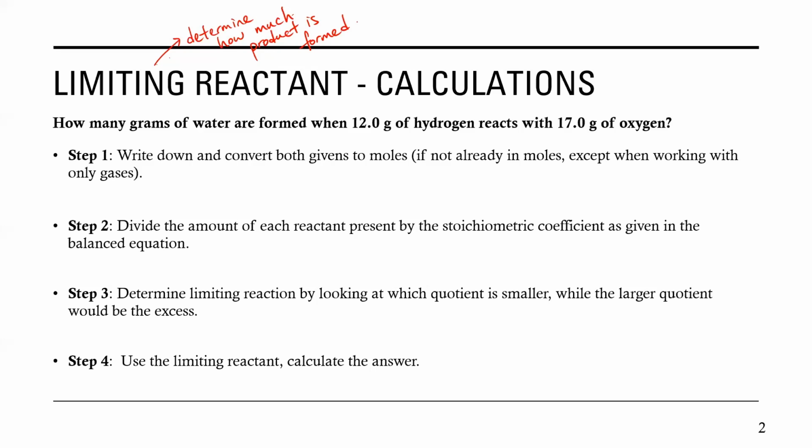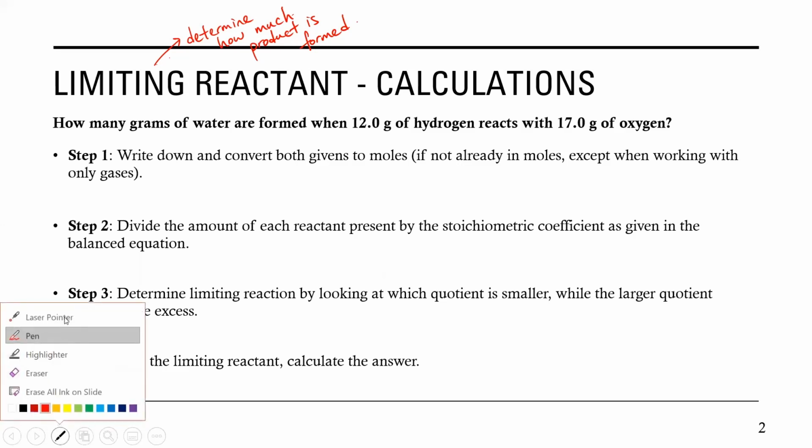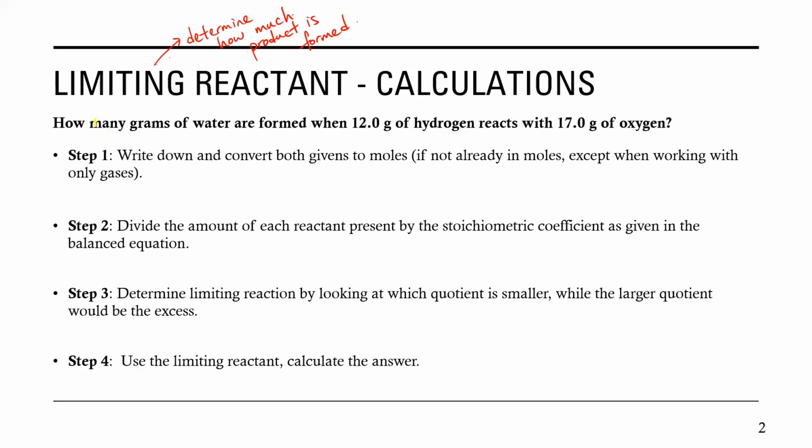And so we have a sample question here. How many grams of water are formed when you have 12.0 grams of hydrogen reacting with 17 grams of oxygen? Okay, so we've got to find out the grams of water, and you start off with 12 grams of hydrogen with 17 grams of oxygen.